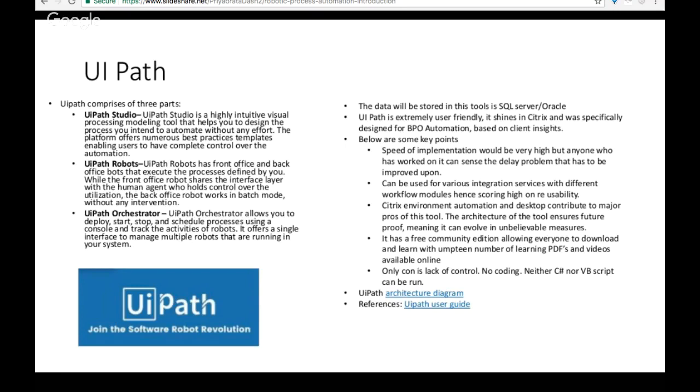So you can define new connectors and publish them into their marketplace, and from there others can buy or use them. Because of those features, it is also one of the leading tools in the market.